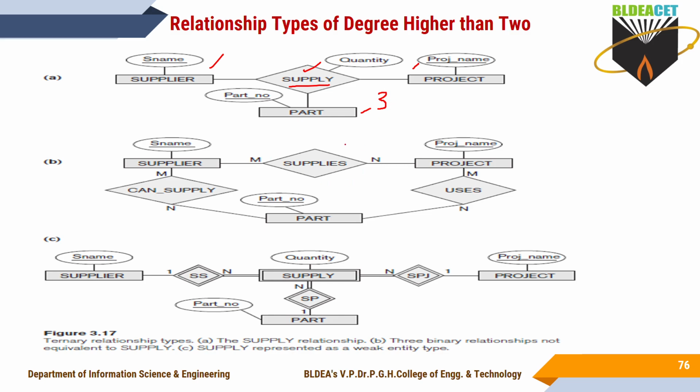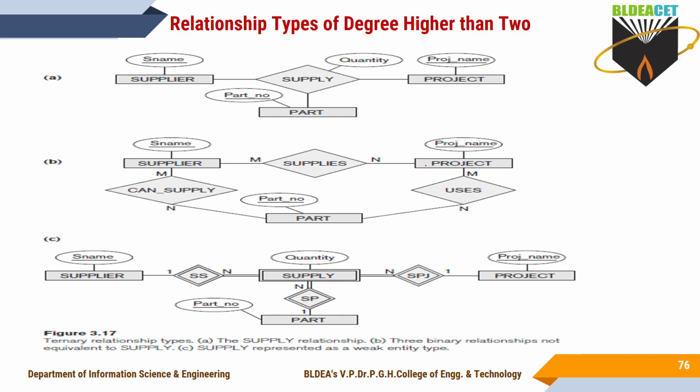If I want to convert this into binary, is it correct or not? Let's check. A supplier supplies parts to a project. If I relate only these two, then the supplier supplies the project. But what do they supply?